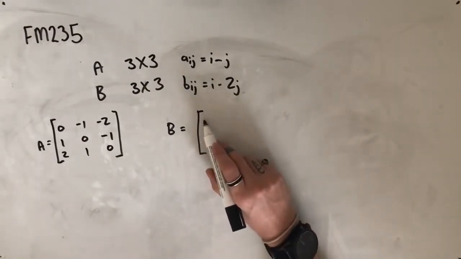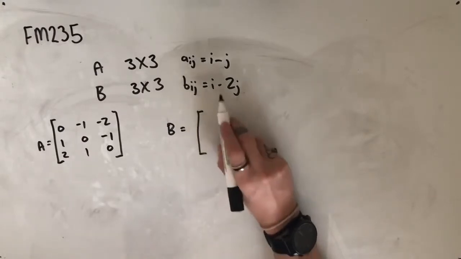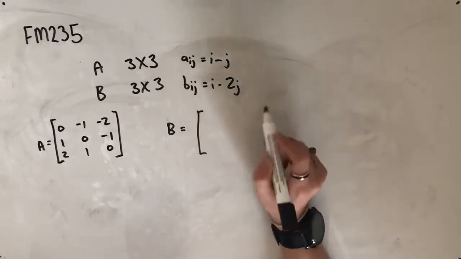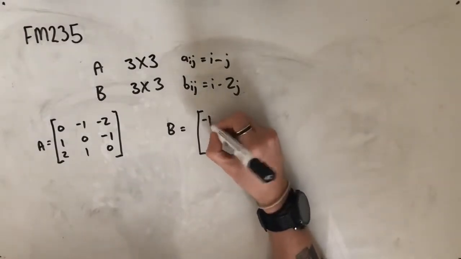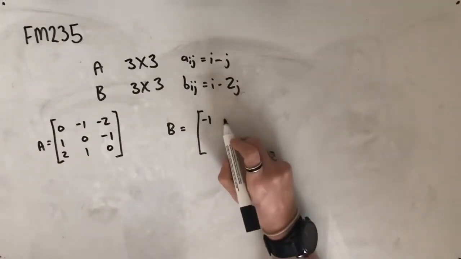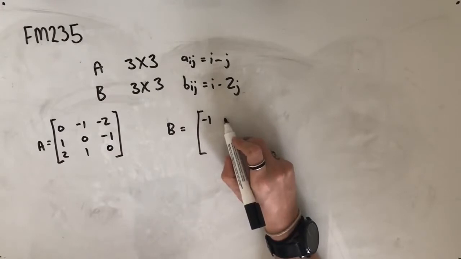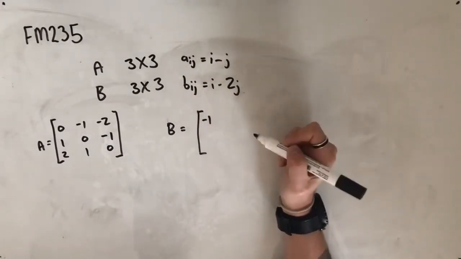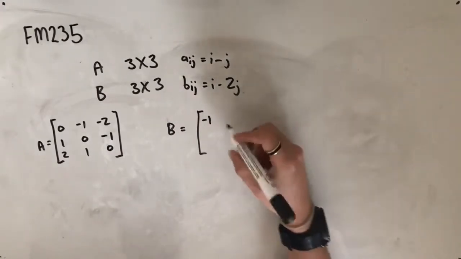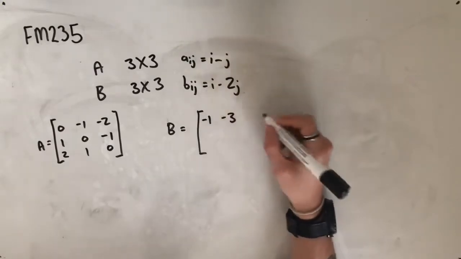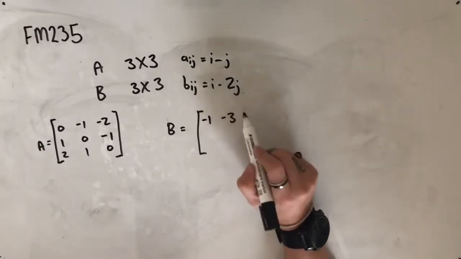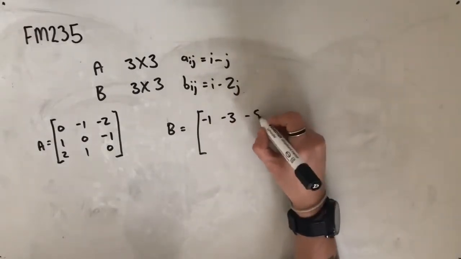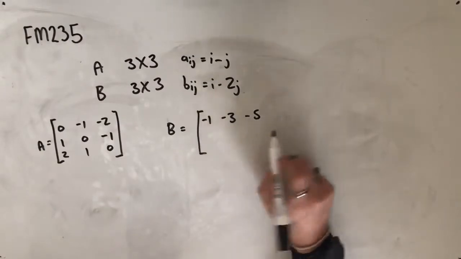So in row 1, column 1, we're going to have 1 minus 2 times 1, which of course is 2, so 1 minus 2. In row 1, column 2, we've got 1 minus 2 times 2, which is 4, so 1 minus 4. And in row 1, column 3, we're going to have 1 minus 2 times 3, which is, of course, 6, so we're going to have negative 5.